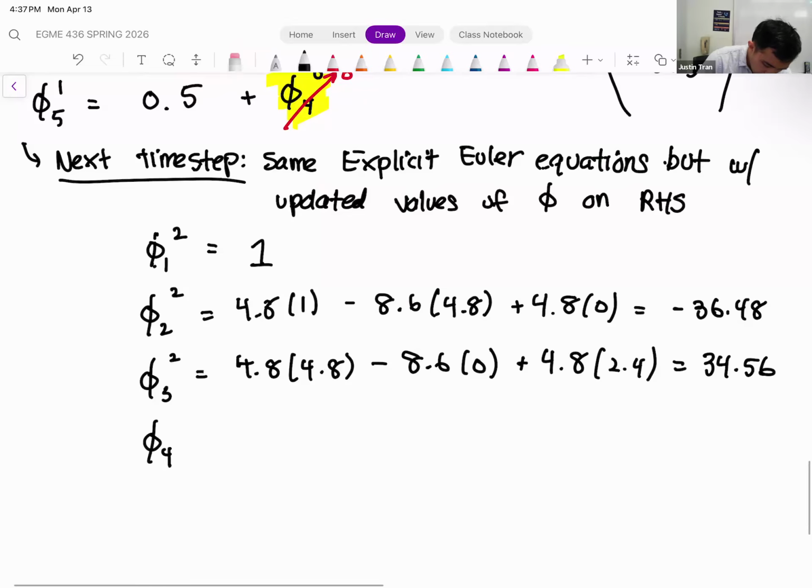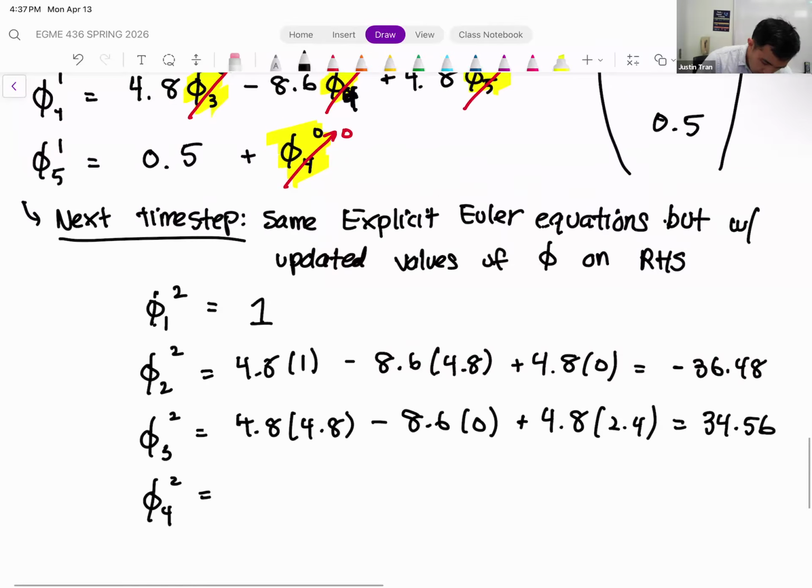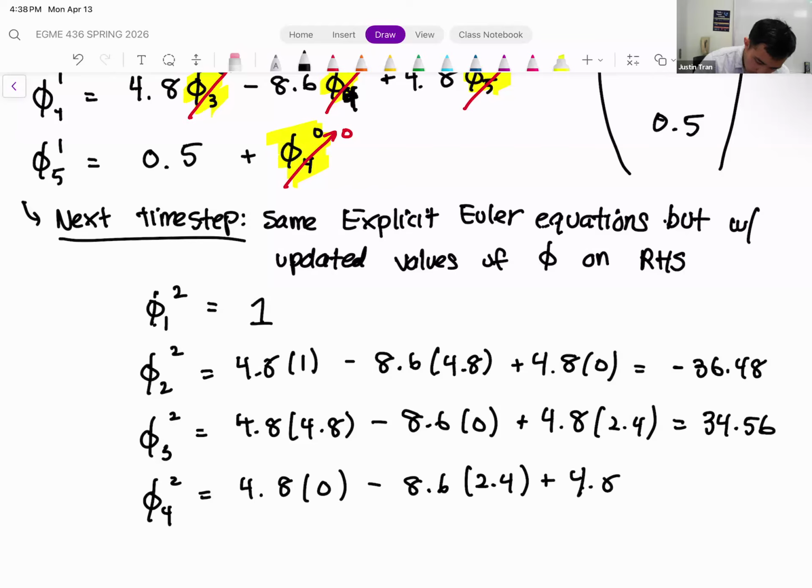And then phi4 at time step 2, let's see, this is going to be 4.8 times phi3, which is 0, minus 8.6 times 2.4 plus 4.8 times phi5, which is 0.5. Okay. This is minus 8.6 times 2.4 plus 4.8 times 0.5, minus 18.2.